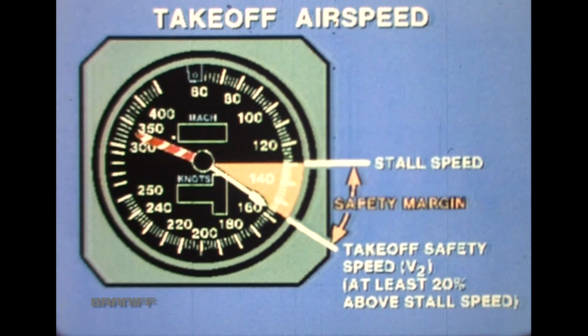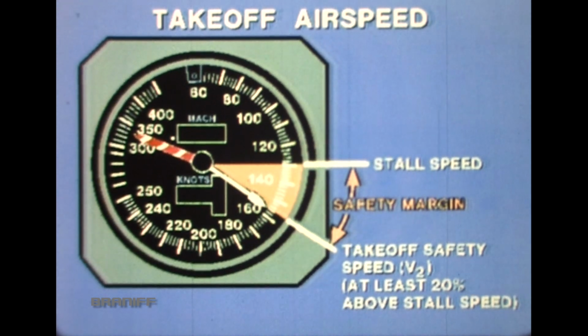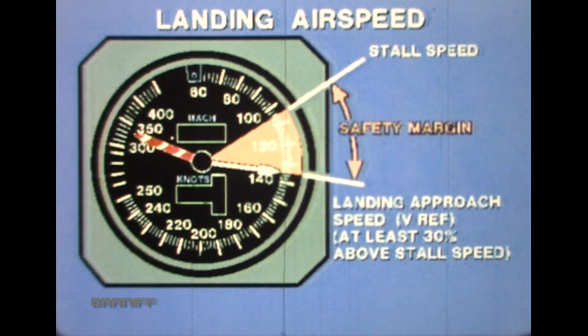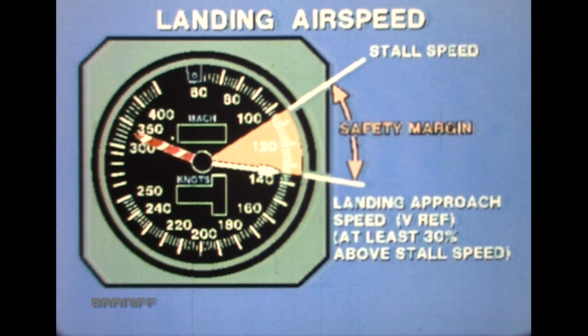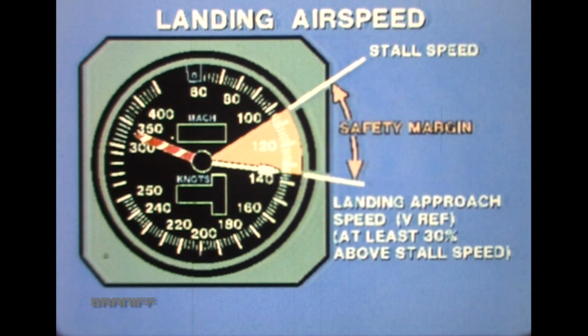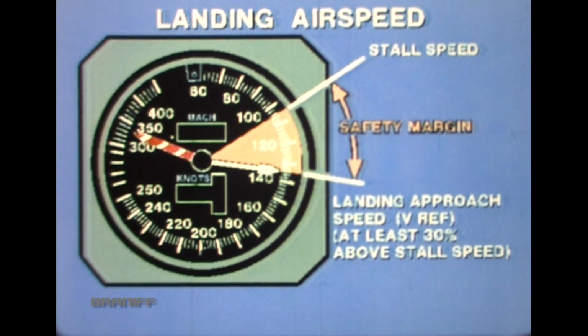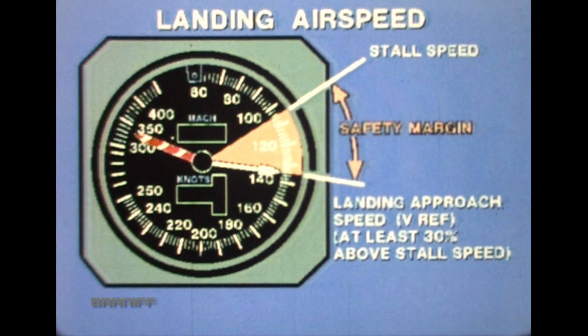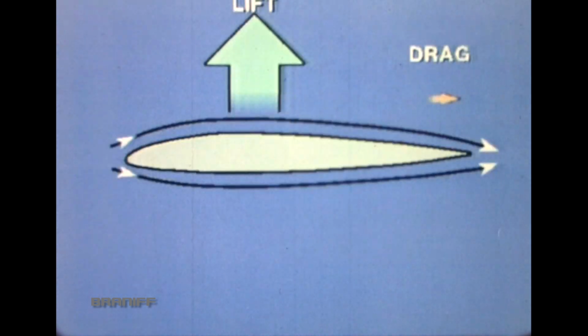Operating regulations require that adequate safety margins must be maintained above the stall speed for takeoff and landing. These margins are included in the certified takeoff and landing speeds to allow for maneuvering, takeoff rotation, turns, landing flare, and gusty wind conditions and other safety factors.